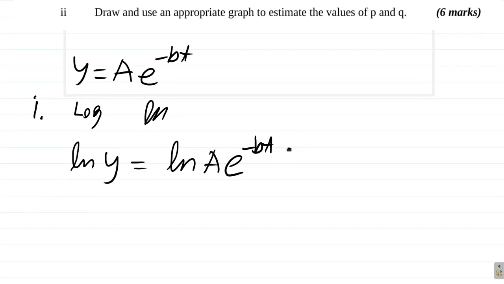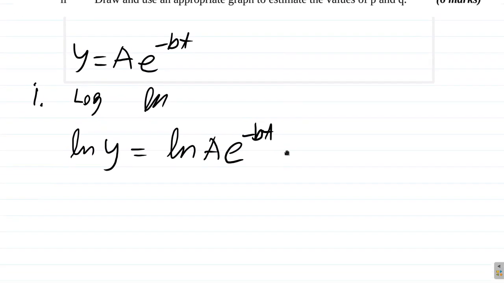Now, you use the laws of logarithms to rewrite this. Notice this is ln of a multiplied by e to the negative bt. You remember the law of logarithms that says the log of the product of two numbers is equal to the log of one plus the log of the other.